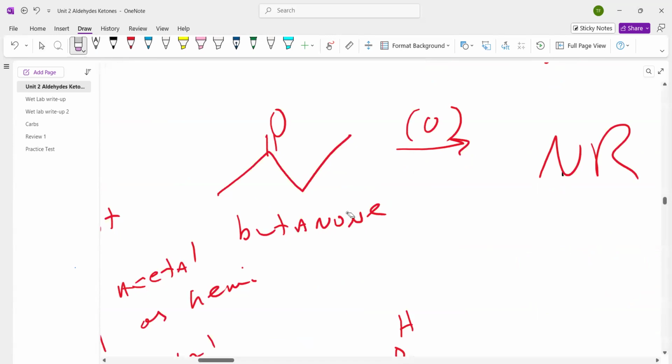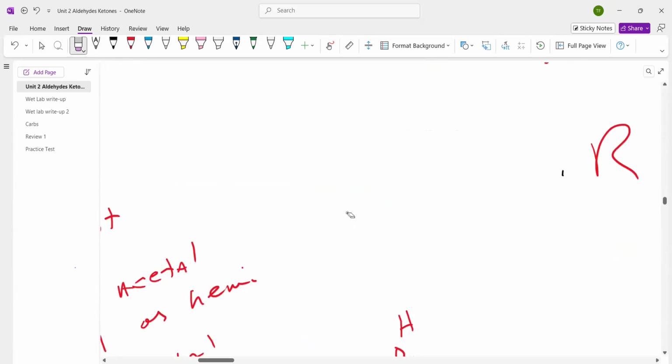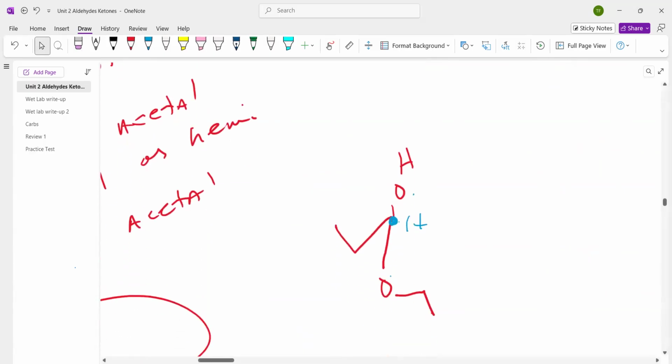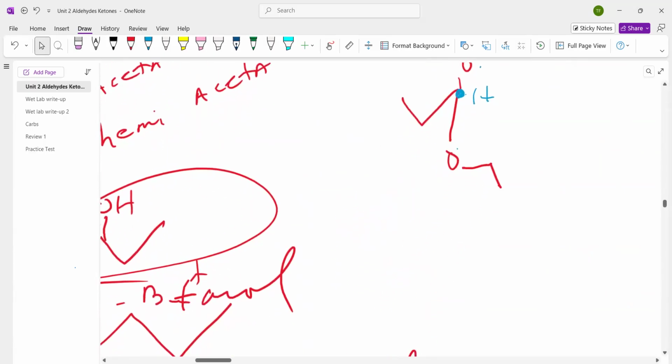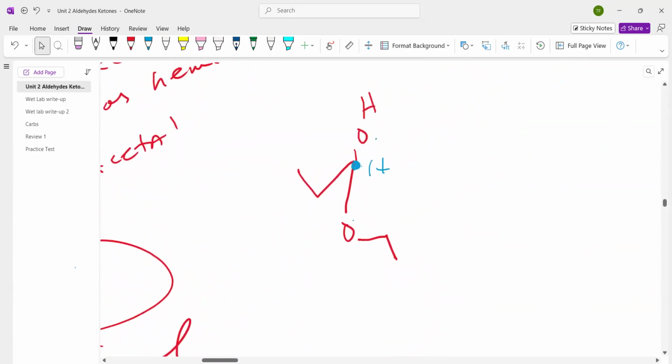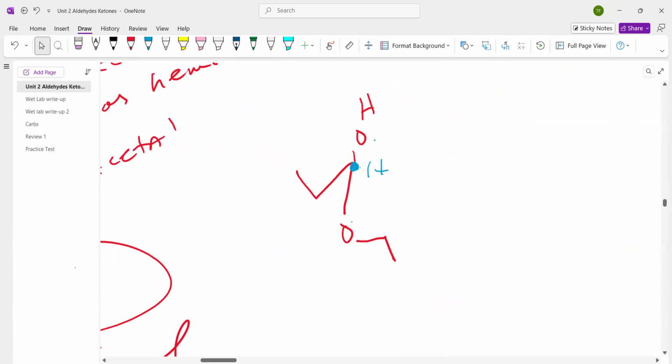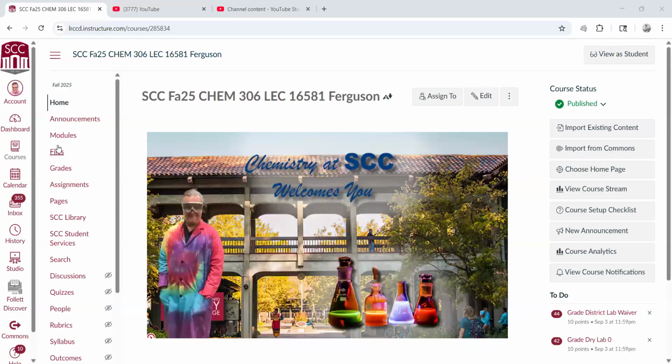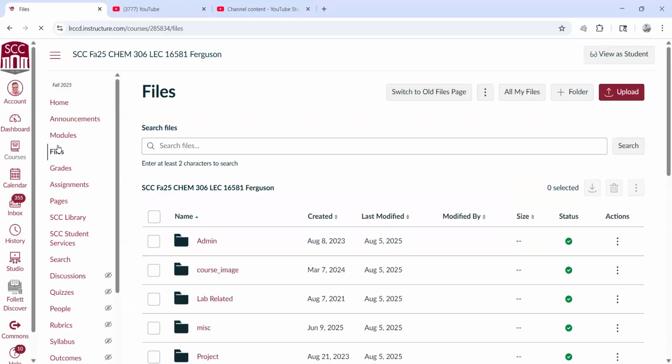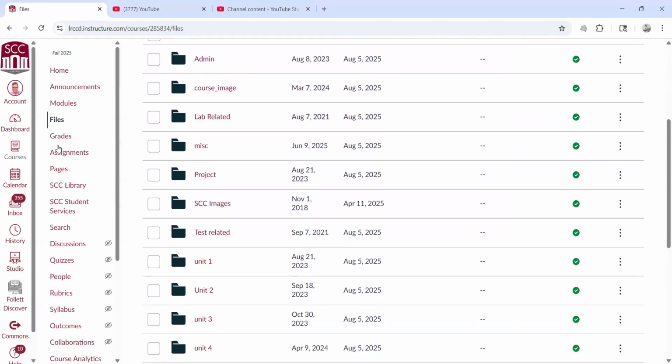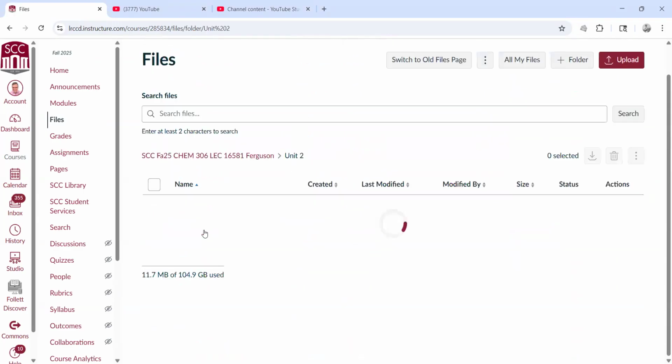Okay, so for example, now the next set of dry labs are under files, unit 2, worksheets.